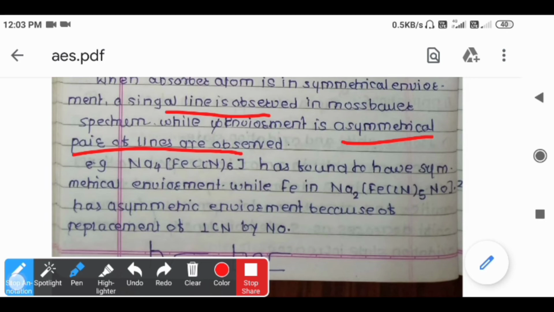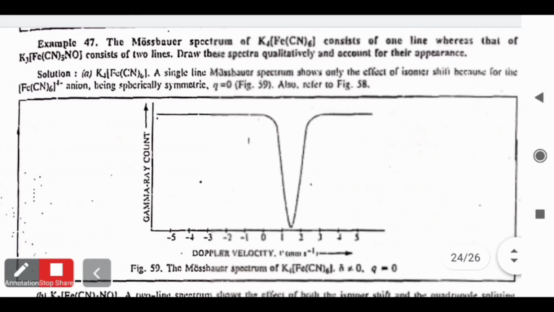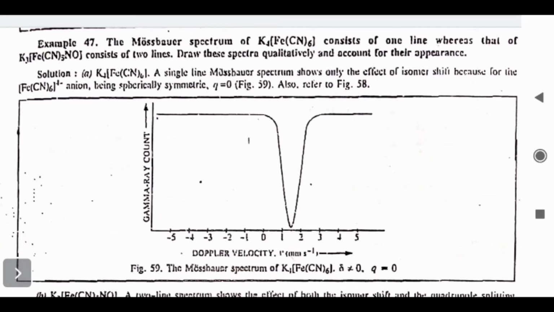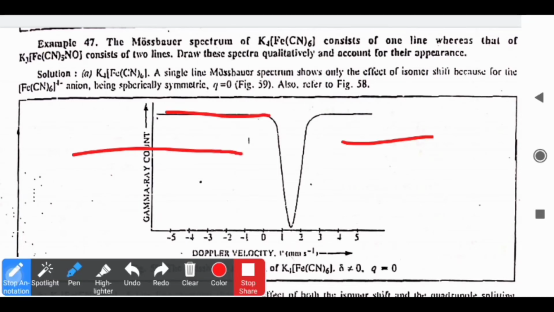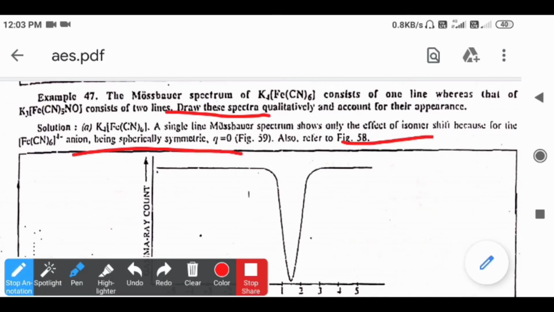Here it will be more clear with an example. The Mossbauer spectrum for K4[Fe(CN)6] consists of a one-line spectrum, whereas that for K3[Fe(CN)5NO] consists of two lines.